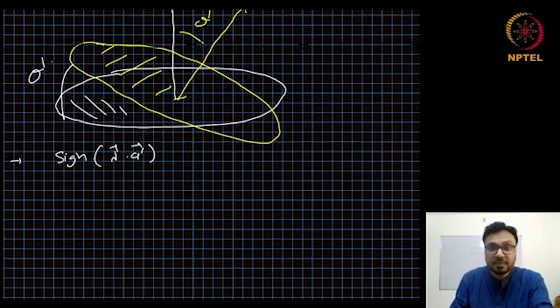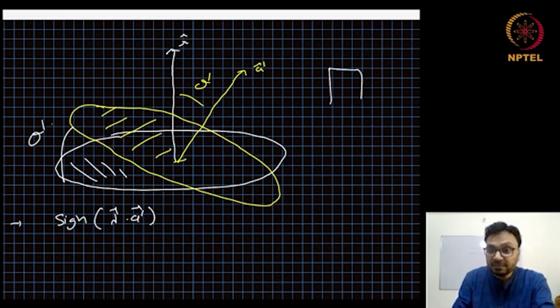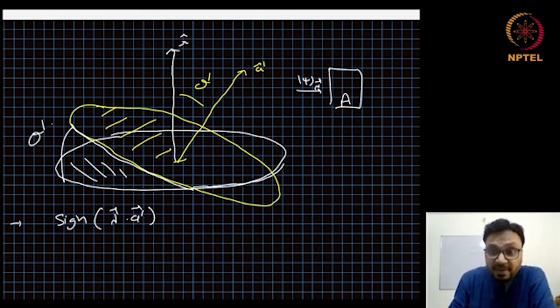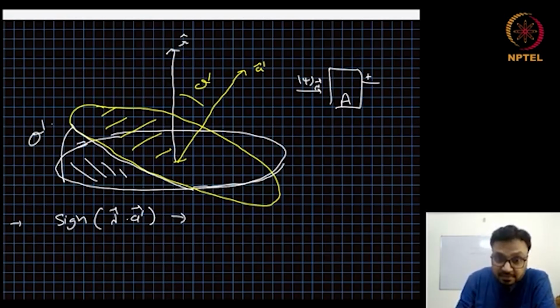If we send a particle psi in the measurement setup, and this psi has a lambda vector as a hidden variable above this yellow plane, such that the inner product of A prime and lambda is a positive number, then the click will be a plus click. And if lambda dot A prime is a negative number, that is, if lambda falls in this gap here, then the click will be a minus click. So the sign of lambda dot A prime, whether plus or minus, determines the outcome of the measurement.